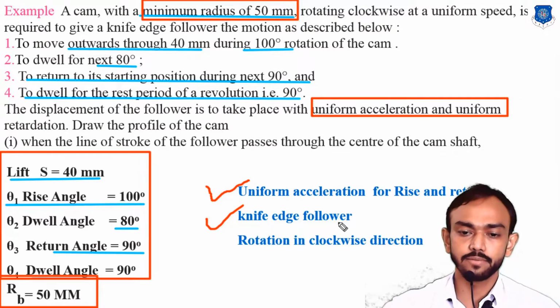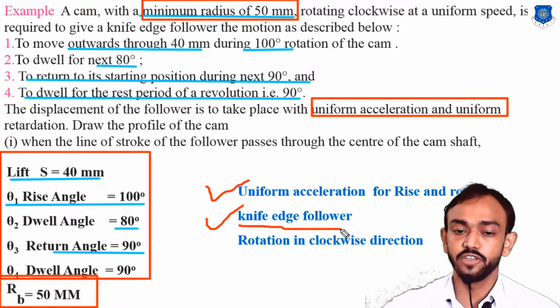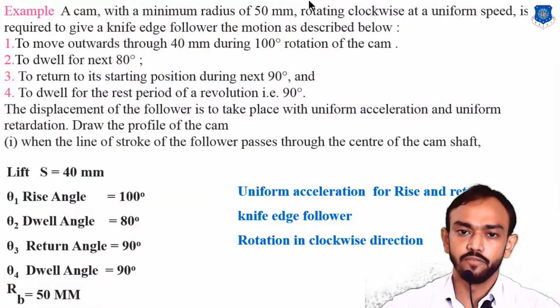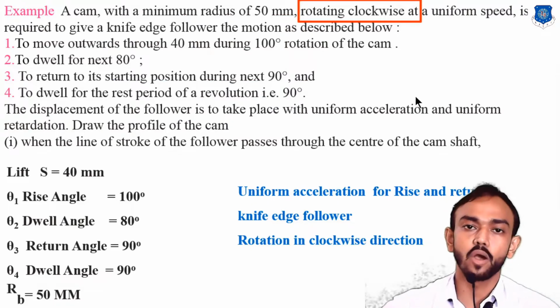So first check which follower is given. You can see here the knife edge follower is given. And check in which direction the follower is moving, which is clockwise direction.